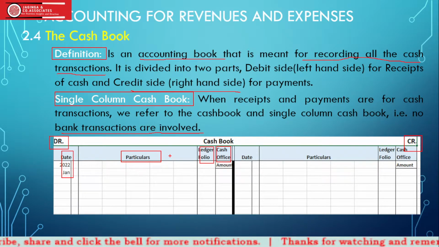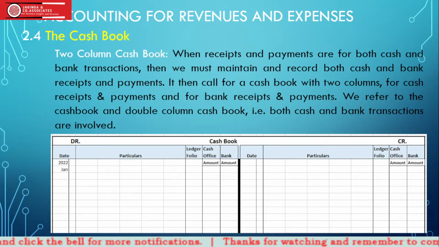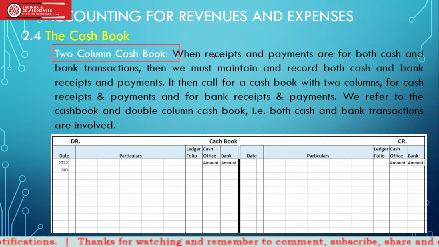So moving forward, we also have the two column cash book, and we are saying a two column cash book when receipts and payments are for both cash and bank transactions, then we must maintain and record both cash and bank receipts and payments.